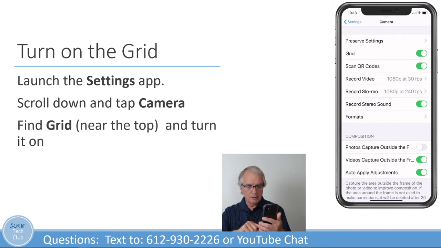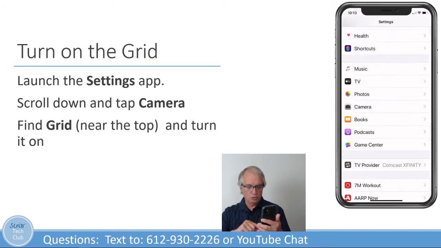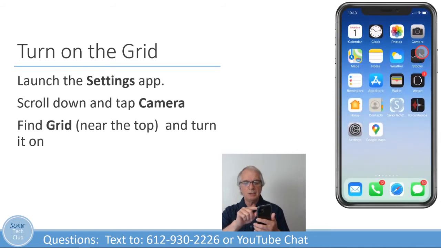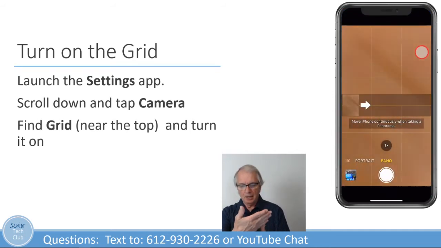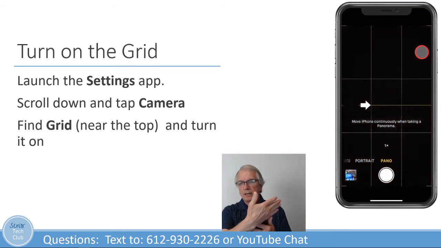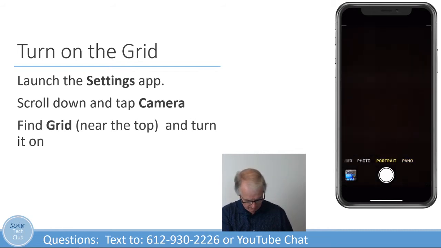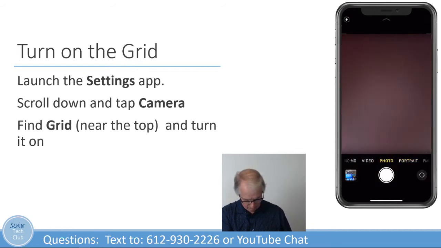The end result is that when you close Settings and go into the Camera app, you notice that you actually get the grid on the screen. I'm going to change this back to a photo because I was doing some work in there.